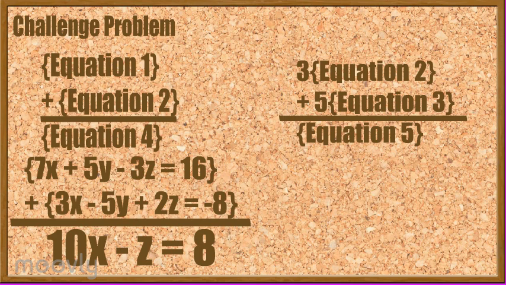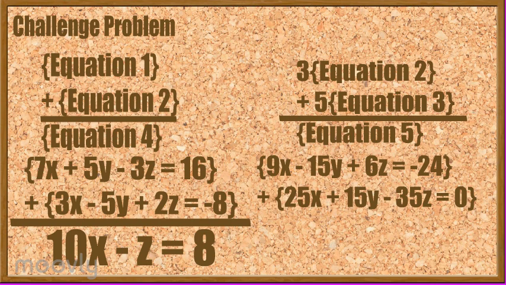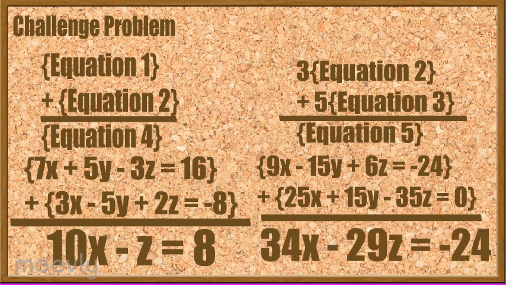Multiplying equation 2 by 3, you get 9x minus 15y plus 6z equals negative 24. Multiplying equation 3 by 5, you get 25x plus 15y minus 35z equals 0. Adding both of those together, you get 34x minus 29z equals negative 24.